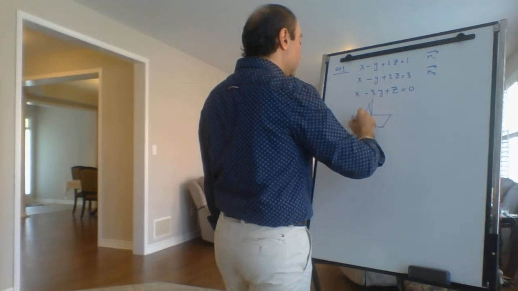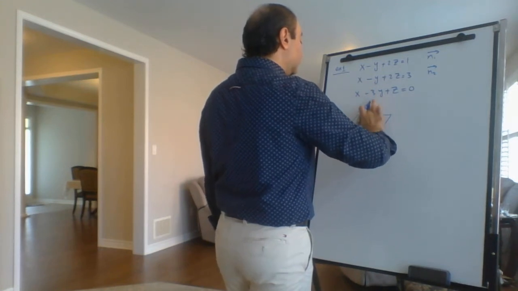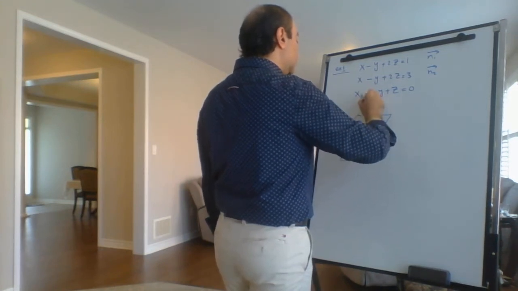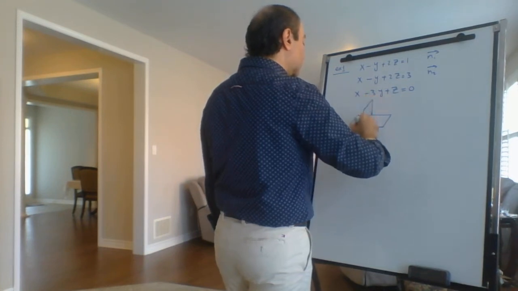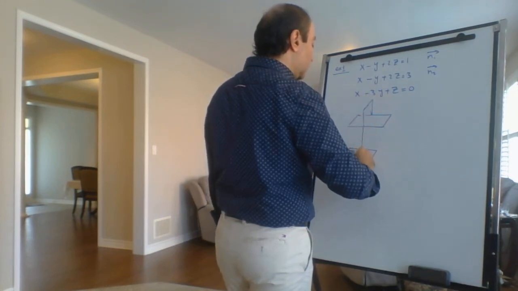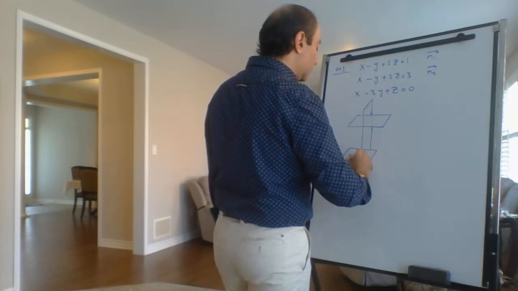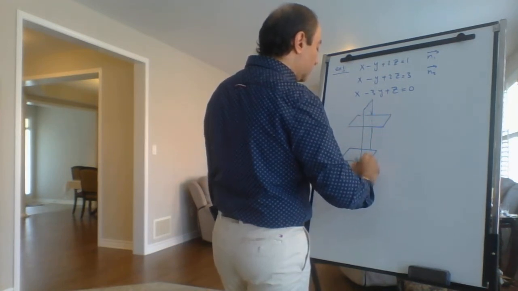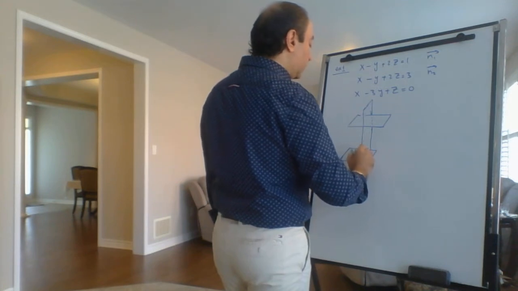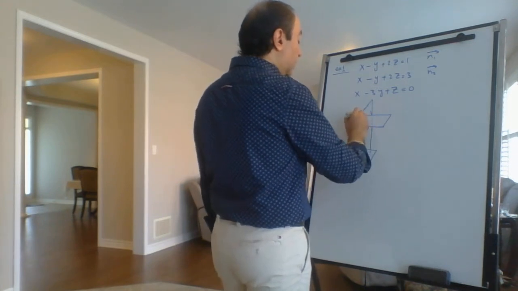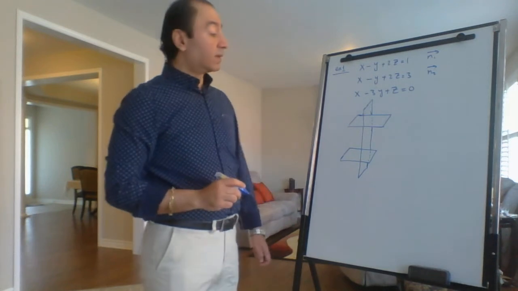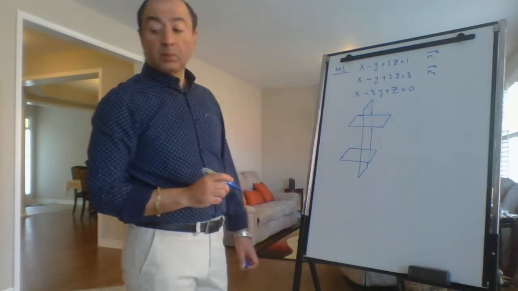It will be something like this: 2 parallel planes and a plane that cuts both of them.